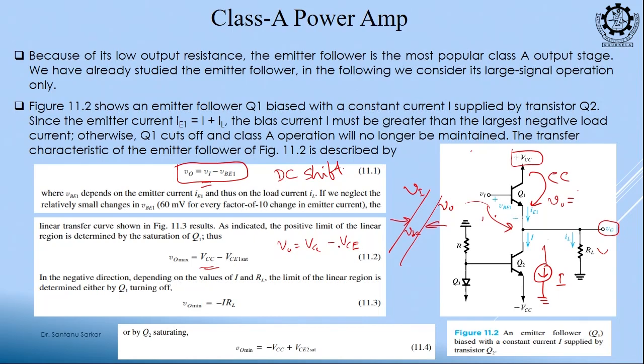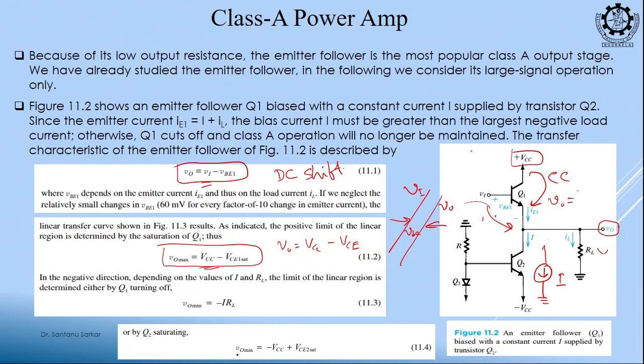So, when this will go to maximum? When this subtraction is minimum. When this Q1 enters into saturation. In saturation, what is the VCE set? Roughly 0.2, 0.3. So, this output will go to max value when this Q1 is at the point of entering saturation, and it will be VCC minus 0.2 or VCC minus 0.3.